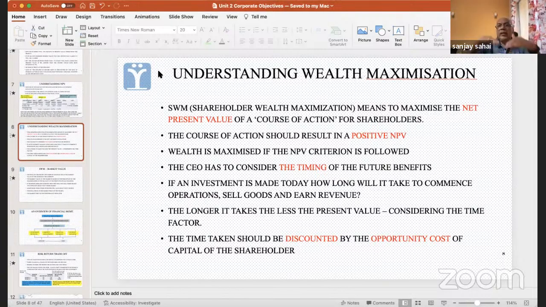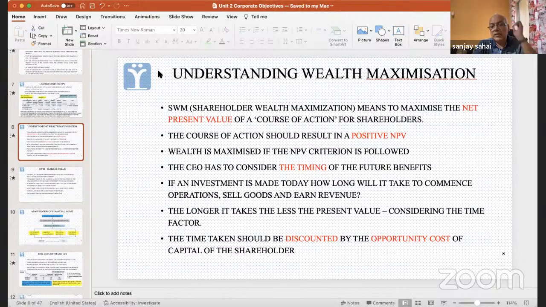That means it's going to be reduced. Now, if despite this, at the end of the day, you come up with a net present value which is positive, then you know that you have a good project which has a good return. Because remember, the present value is reduced by the delay in receipt of revenue, and despite that, you are getting a positive figure.